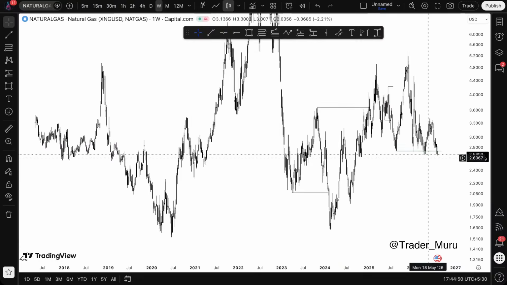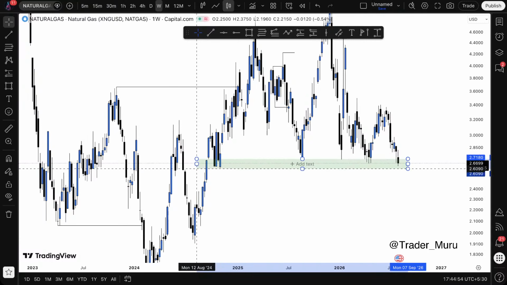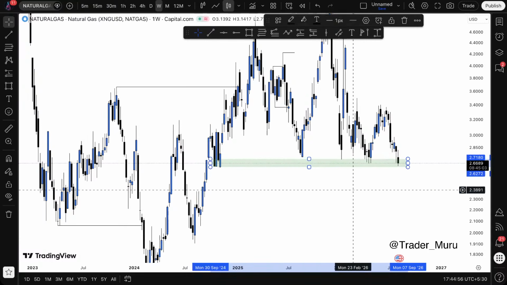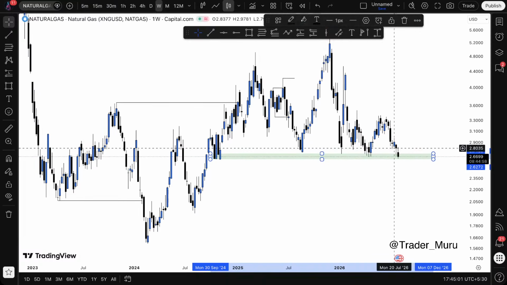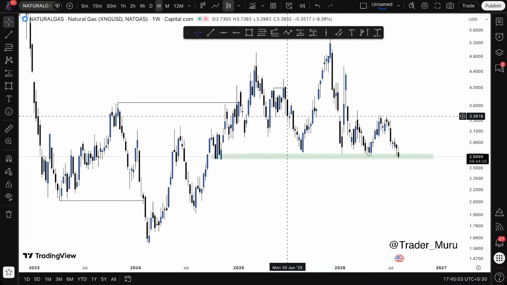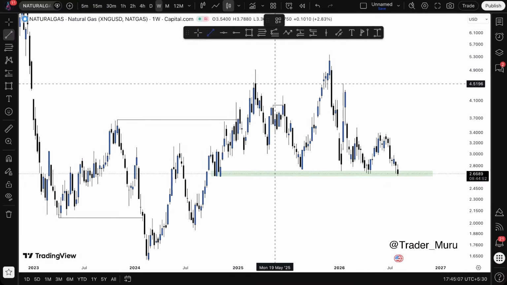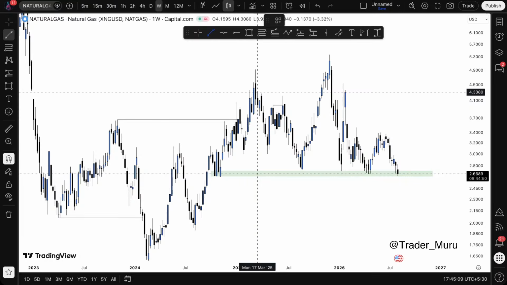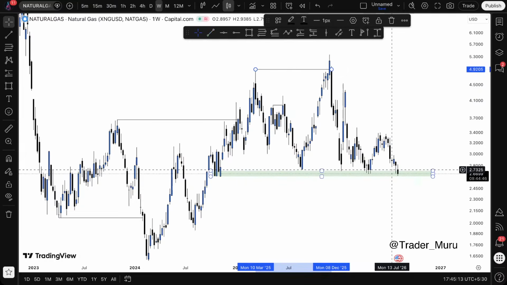Weekly, you should be watching for a short here if we get a closing below. Weekly is still bullish. This is our weekly time frame breakout structure, and price is testing the weekly area.